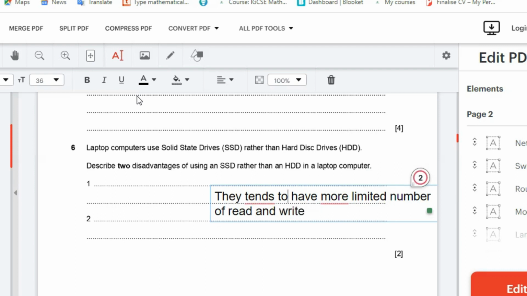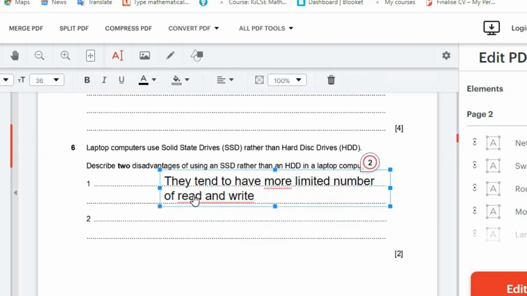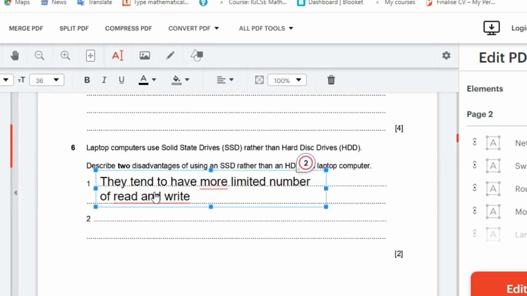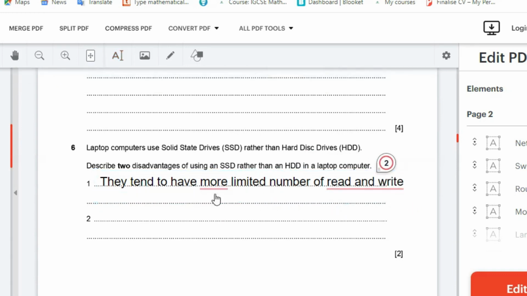They tend to have more limited number of reads and writes. That's one disadvantage of SSD rather than HDD. That is, it has limited number of read and write, unlike an HDD.